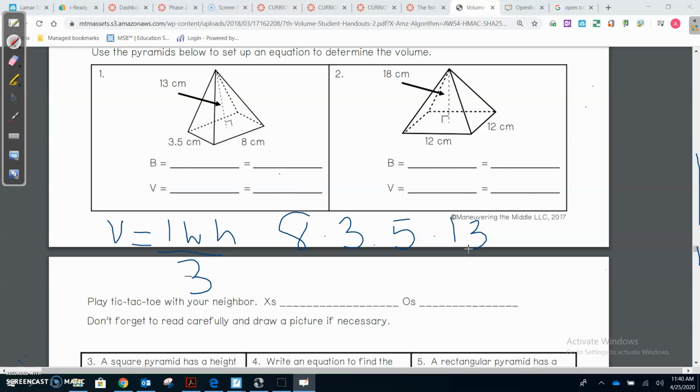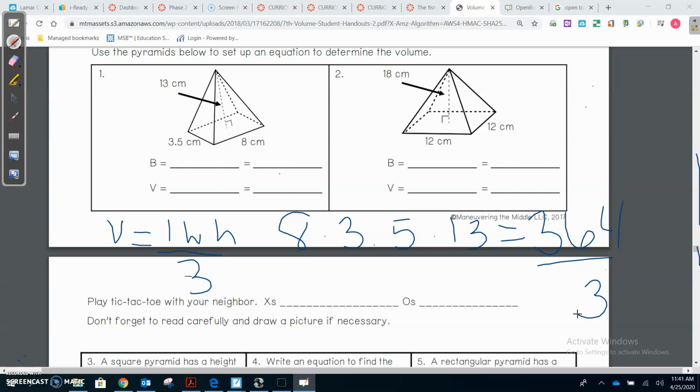I'm going to go ahead and put that into my calculator. 8 times 3.5 times 13 equals 364. We're going to take that and divide it by 3. So if we had a cube with the same dimensions, the 364 would be our volume for the cube. But remember, we're dealing with a pyramid, so we have to divide it by 3.